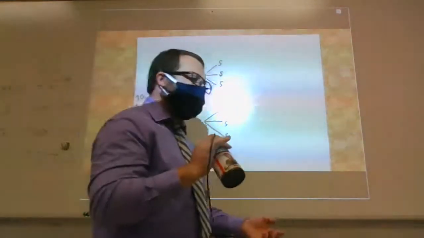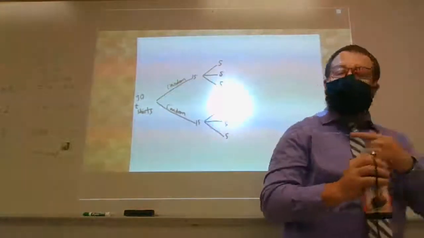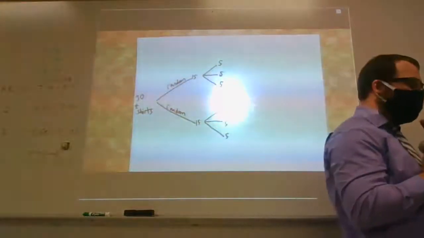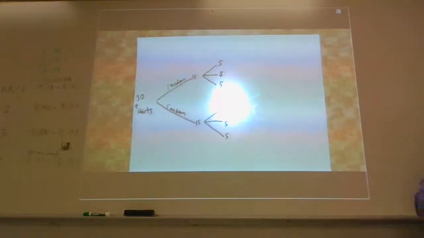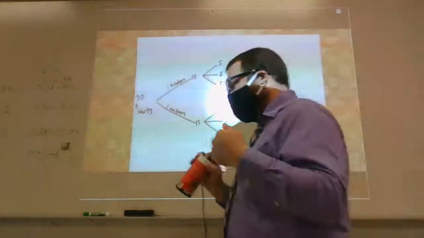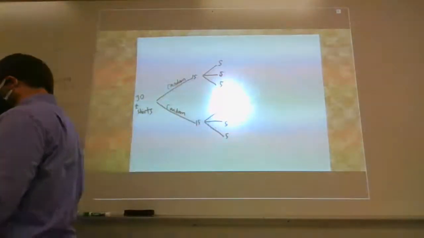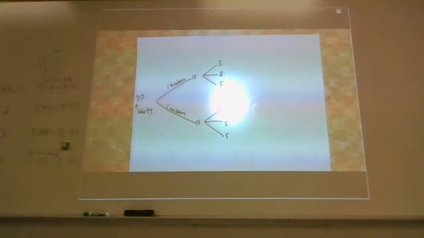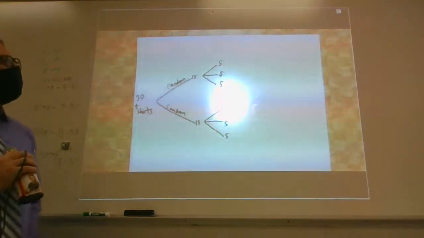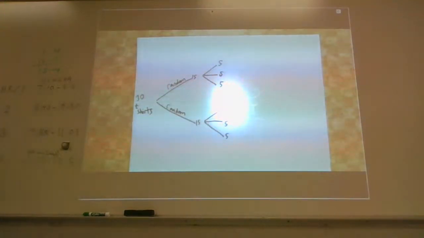But the reason why I've split it up like this is because I have this idea in my head that the level of dirt could affect how well the washing machine performs. If it's heavy dirt or light dirt or something like that, I don't know. So I've designated for myself 3 levels of dirt: high, medium, and low. And that is exactly what I'm going to do to these t-shirts.